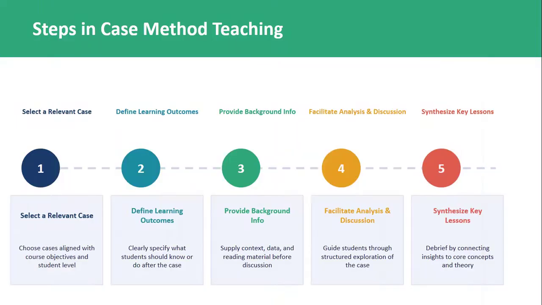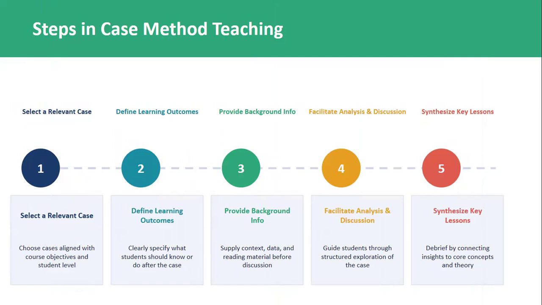Let us now discuss the steps involved in the case study method of teaching. A successful case study method of teaching follows certain systematic steps, as listed here. First, select a relevant case study topic for live discussion.